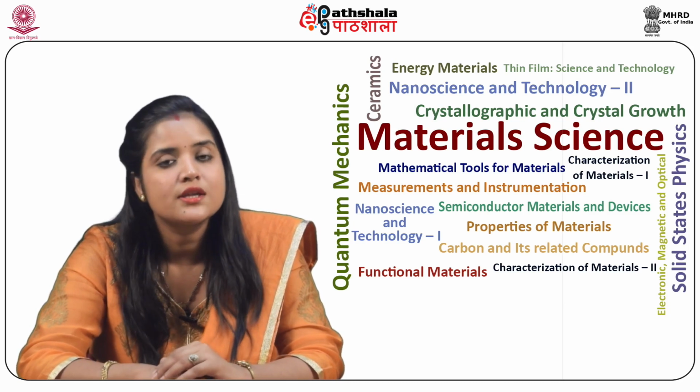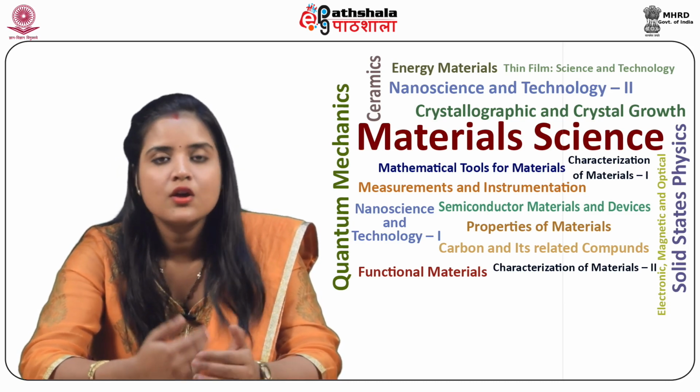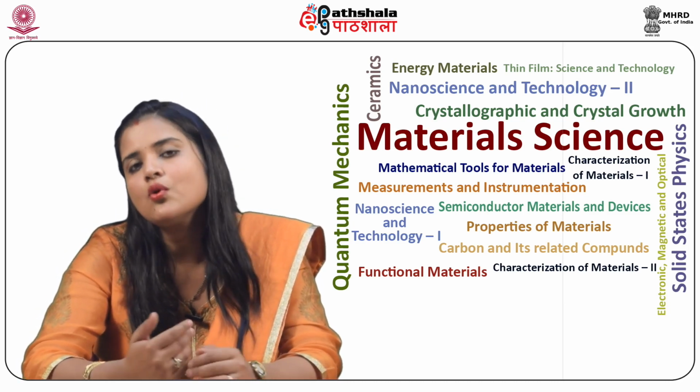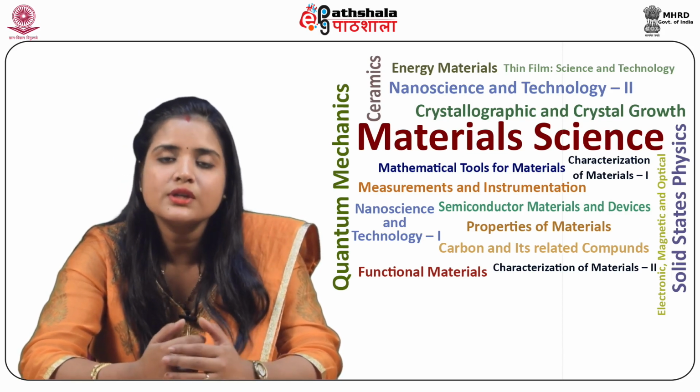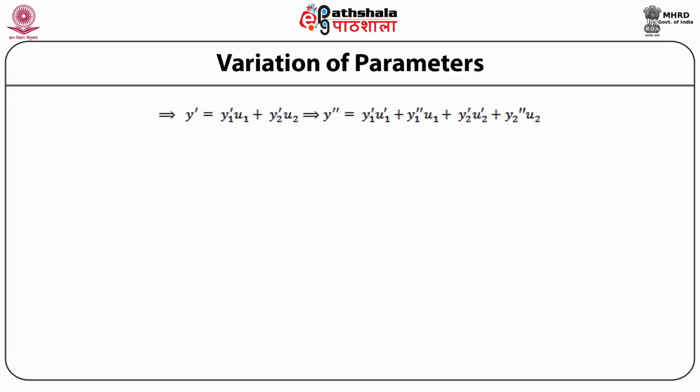One equation is given by y1 u1 prime plus y2 u2 prime equal to 0. We get y prime equal to y1 prime u1 plus y2 prime u2. The equation can be differentiated to obtain y double prime equal to y1 prime u1 prime plus y1 double prime u1 plus y2 prime u2 prime plus y2 double prime u2.